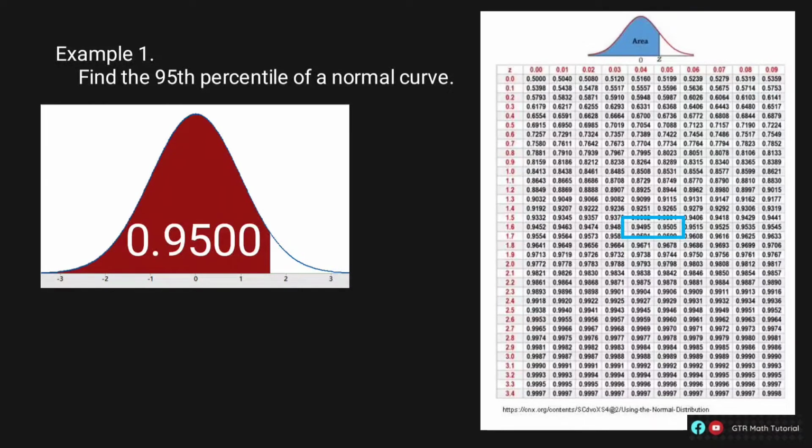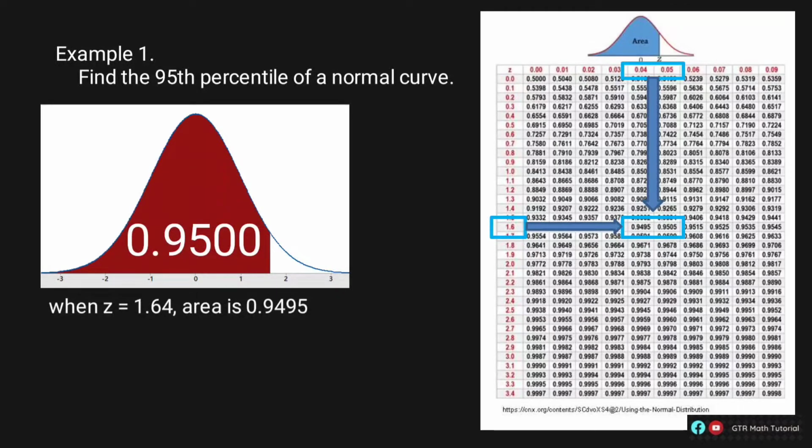So kunin na lang natin sa leftmost is 1.6 and then sa topmost naman is 0.04 and 0.05. So when z equals 1.64, the area to the left is 0.9495 and when z equals 1.65, the area to the left is 0.9505.